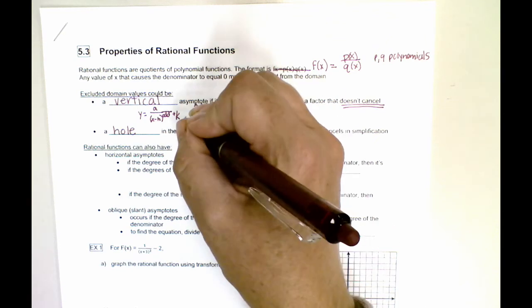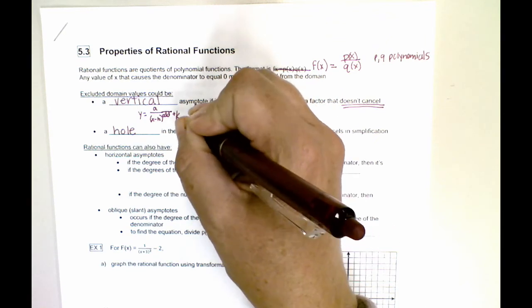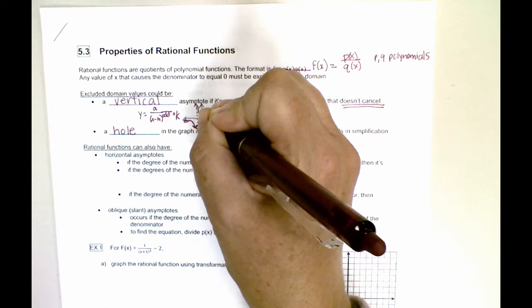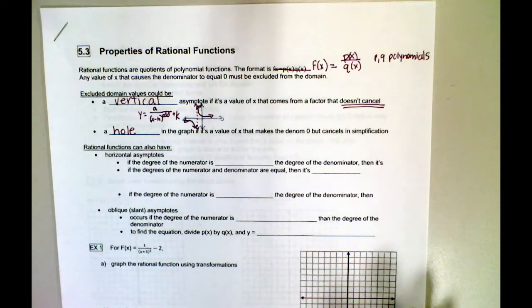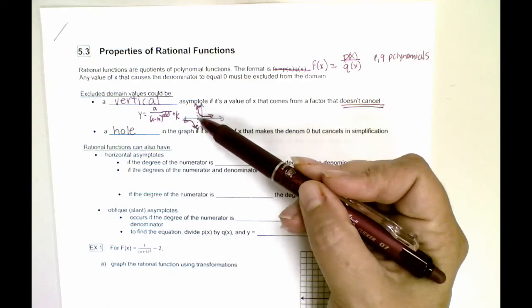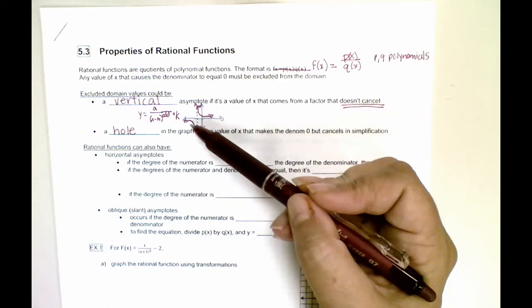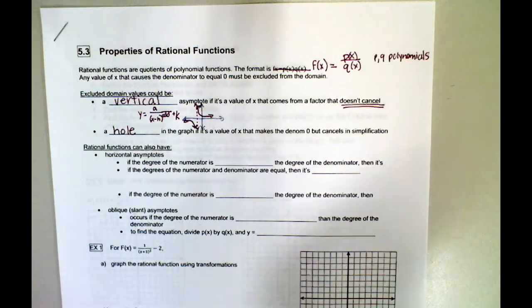So perhaps something like this is what you're going to see. Remember that by definition, an asymptote is a line that the graph approaches but does not touch or cross. So here we're approaching from opposite sides, one from the negative side, one from the positive side.